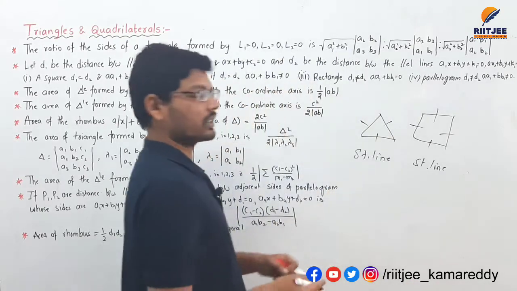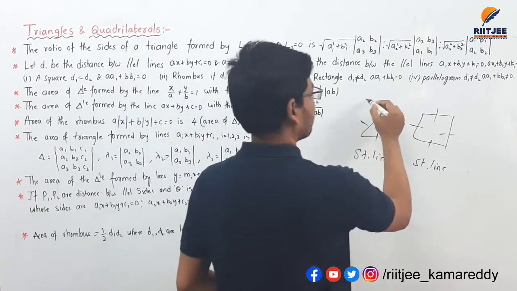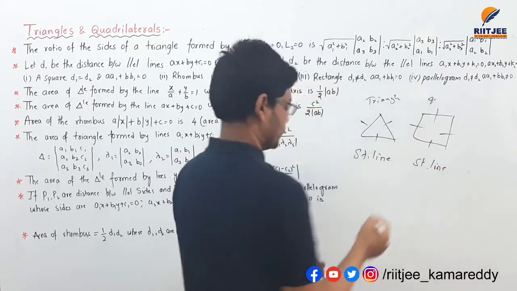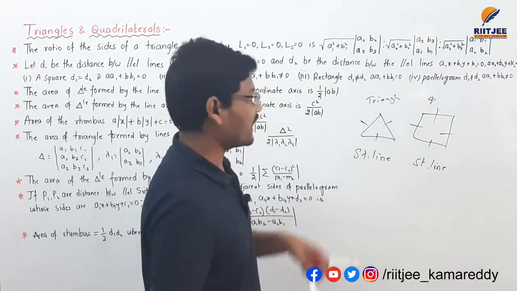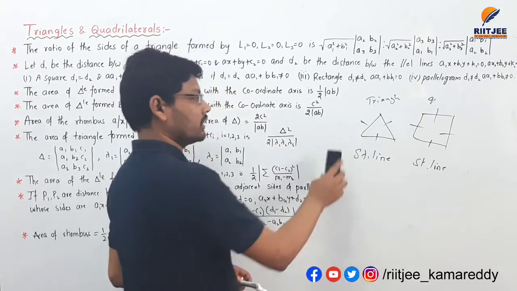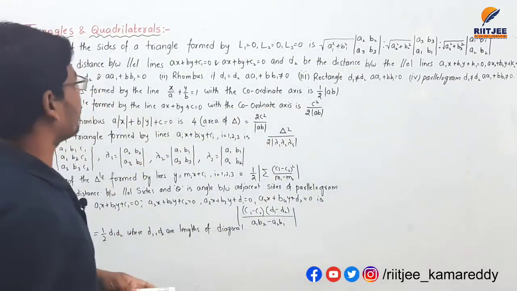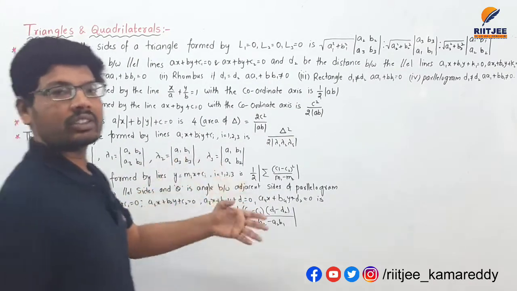The combination of straight lines gives us the first diagram, that is, triangle and quadrilateral. Based on that, we have to discuss triangles and quadrilaterals by using straight lines.